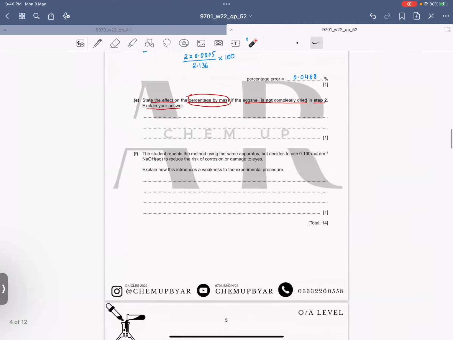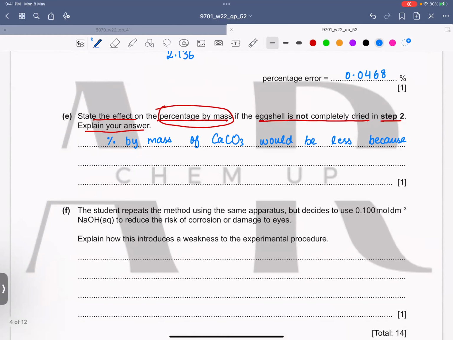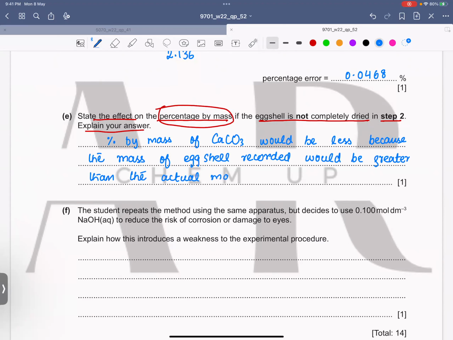Okay. So for that, we would write that the percentage by mass of calcium carbonate would be less because the mass of eggshell recorded would be greater than the actual mass.